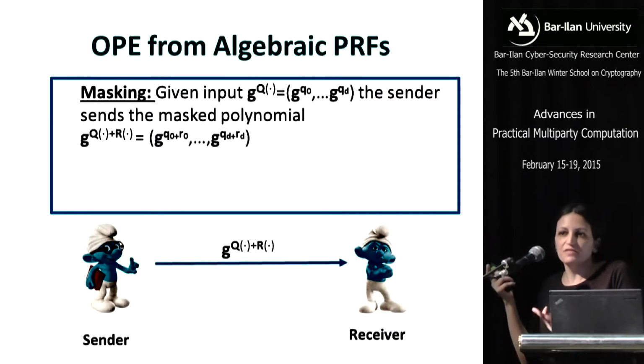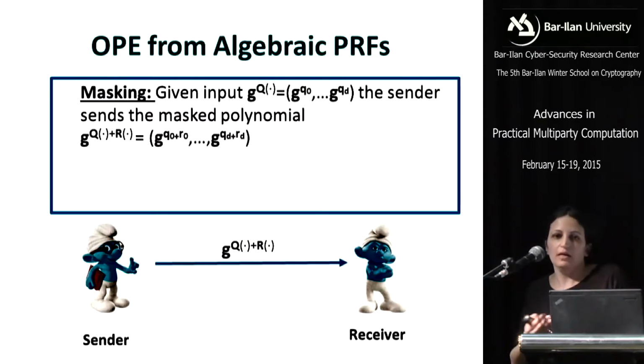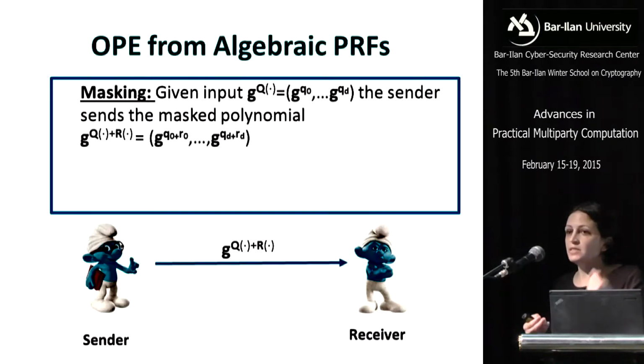You can think of it as a special counter mode for groups. It's very similar to a counter mode encryption scheme. And of course, the security, or at least the privacy, follows from the security of the PRF. Good. So this is the masking phase. Just one message. That's it.